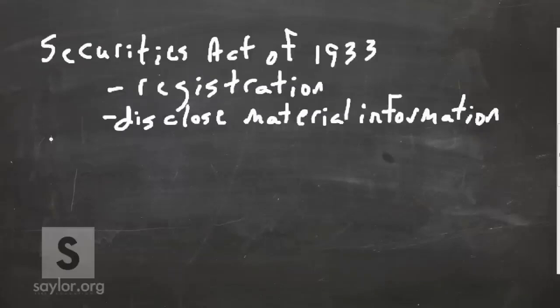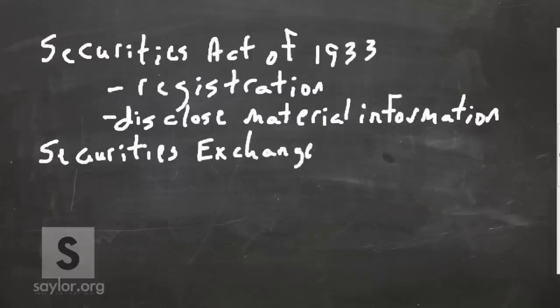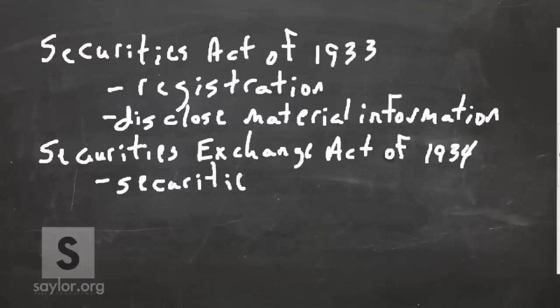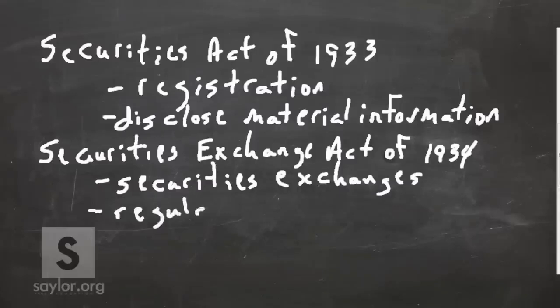The next year, Congress passed the Exchange Act of 1934. So the first one's referred to as the 33 Act, the second, the 34 Act. That provided for the regulation of securities exchanges, our most famous ones today being the New York Stock Exchange and the NASDAQ, as well as other exchanges across the country, and regular reporting by companies that offered their securities on these exchanges.